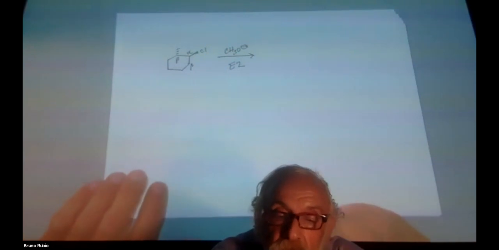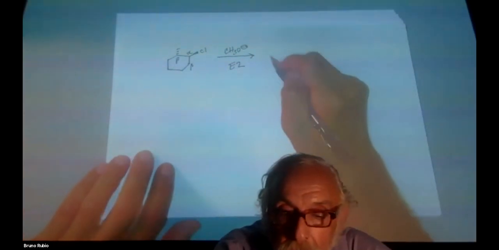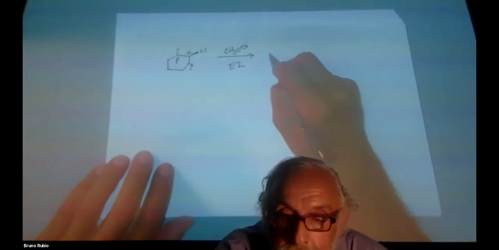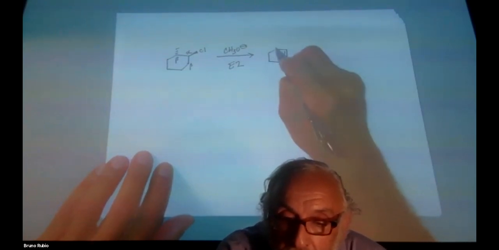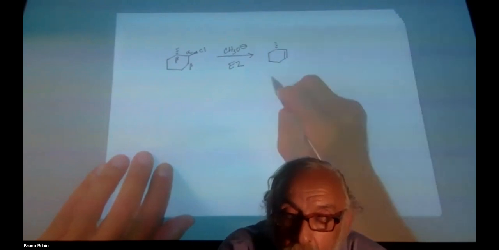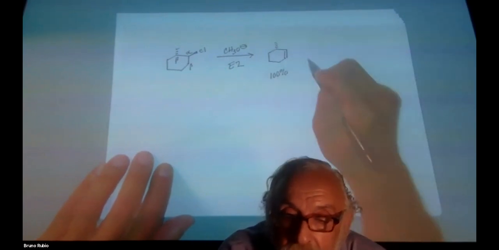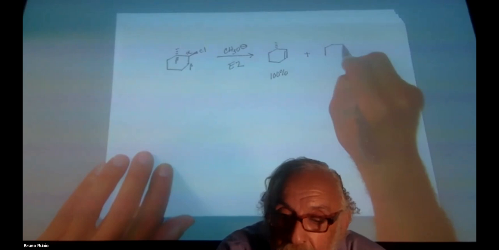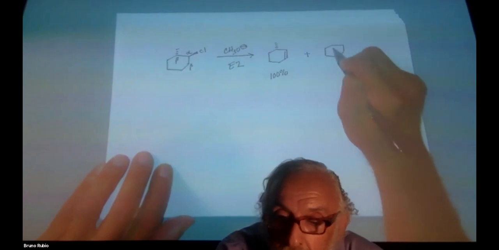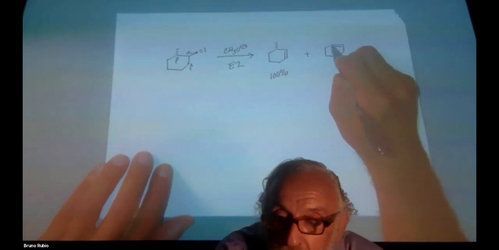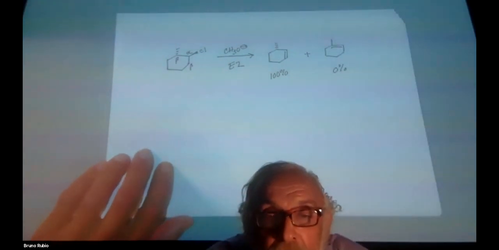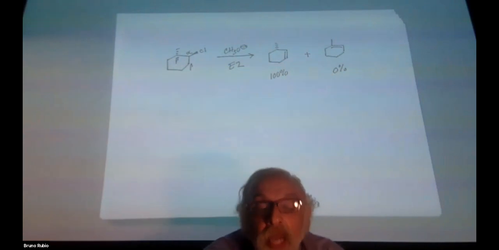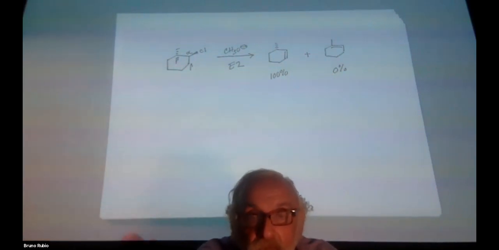Okay, so yeah, the major product will be this, 100%, and the double bond swung to the left, 0%. Can't happen. All right. And so why is this?